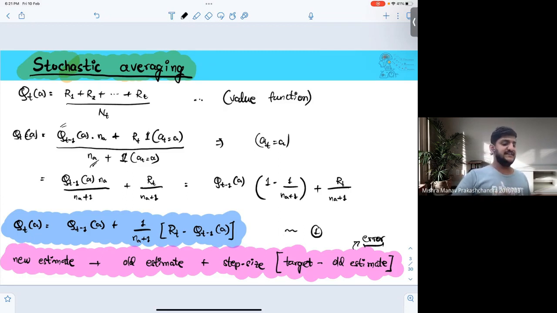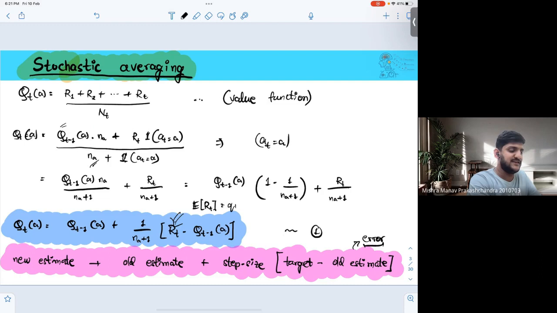The reason why we call it stochastic averaging is that if you look carefully at this error term, here RT is the target that we are chasing. But is it really RT that we are chasing? No, right? What we are actually looking for is the expectation of RT. And what is my expectation of RT? Anyone?